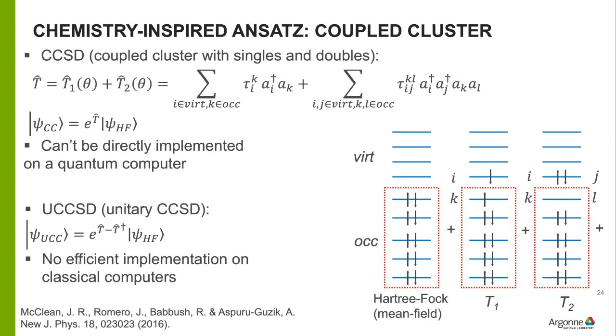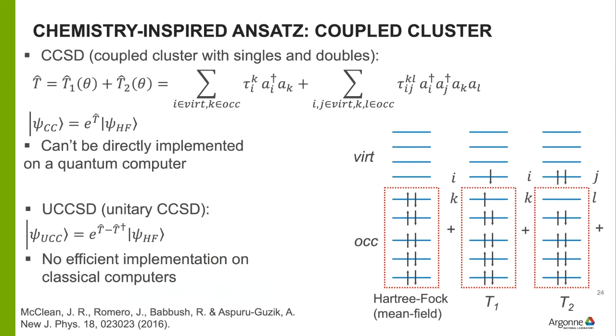So we use the unitary version, where instead of exponentiating T, we exponentiate T minus the complex conjugate of T. For this method, there is no efficient implementation on classical computers, but it is easy to implement on quantum hardware.